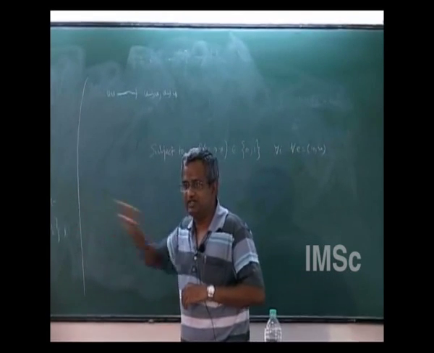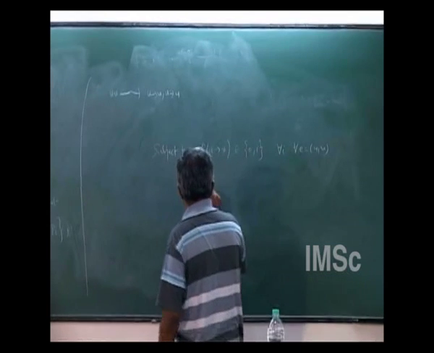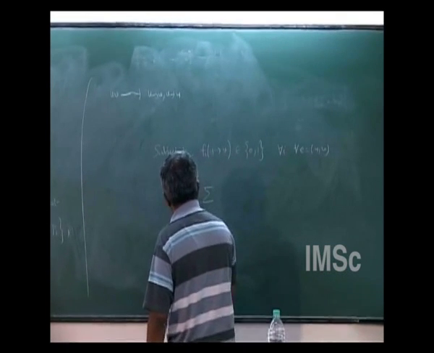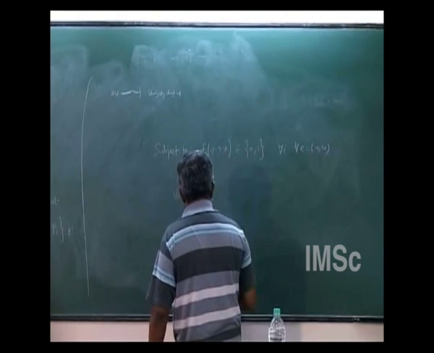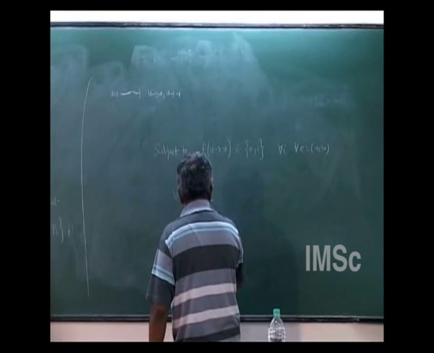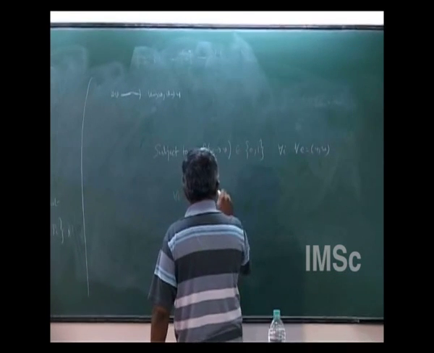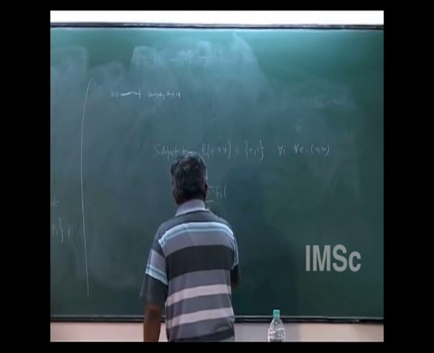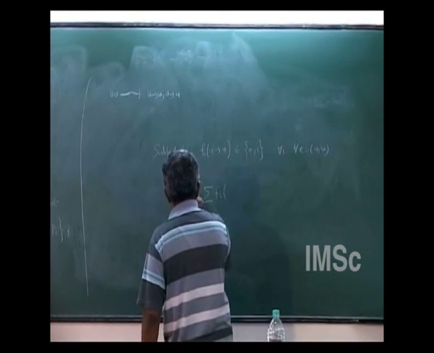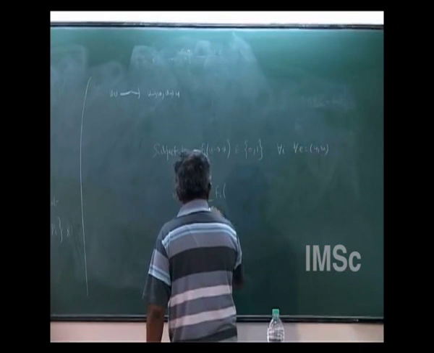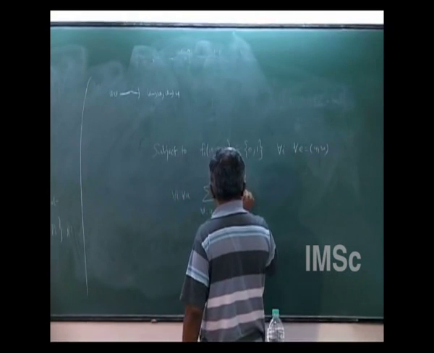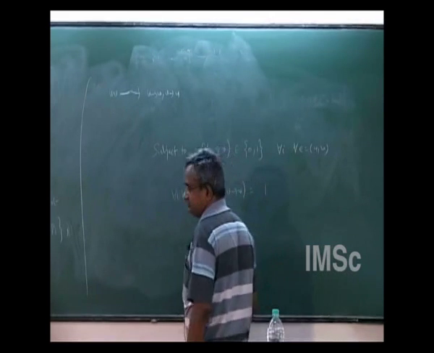These should satisfy the following constraints, namely that for all commodities I and for any vertex u, the sum of Fi of uv over all v such that uv is an outgoing arc should be equal to 1.